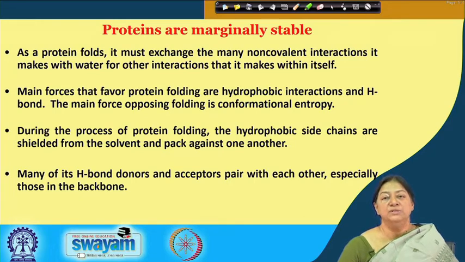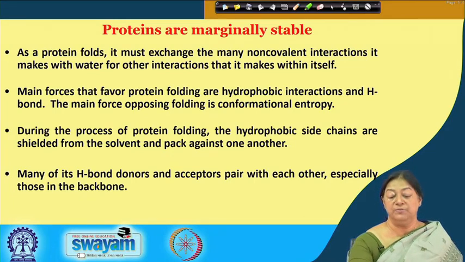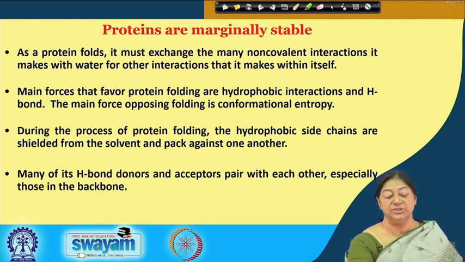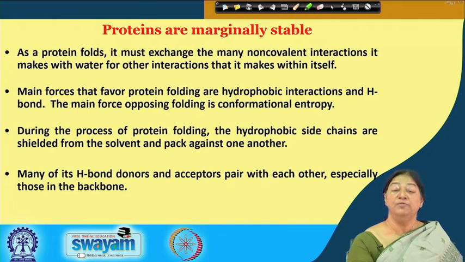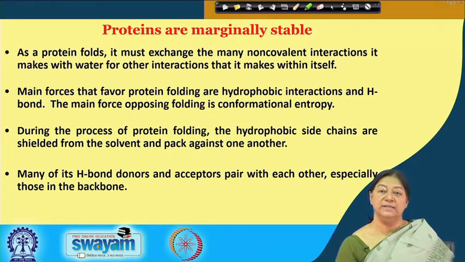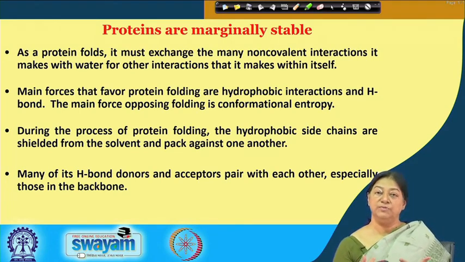Now, the main forces that actually favor protein folding are therefore the hydrophobic interactions and the hydrogen bonds, and the conformational entropy is something that goes against it because it would tend to be in a disordered state. So, during the process of protein folding, the hydrophobic side chains themselves are shielded from the solvent, and so they try and enter this hydrophobic core within the protein.